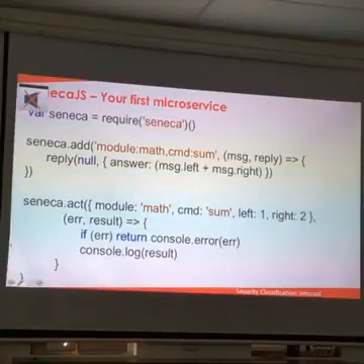And from the client, we say seneca.act the pattern module math, command sum, and the left and right here will be put into the message here. And when you have the result, if there is no error, then just log the result here.